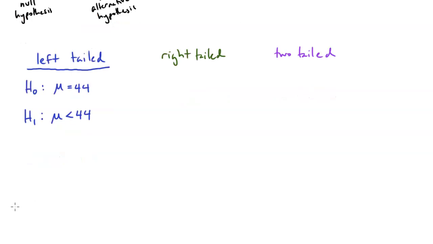Left-tailed how? Well, let me draw a little picture. I'm not great at drawing pictures, but I like to draw them, right? So there's my population mean in the middle. I don't even really need to draw that. I'll leave that out. So this is left-tailed because if this was my value 44, right?